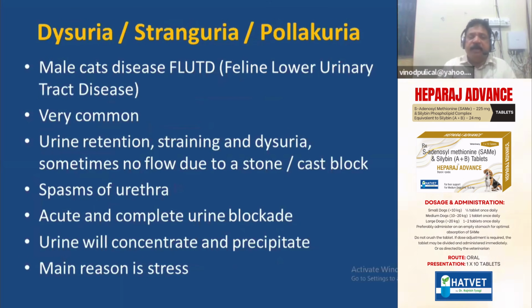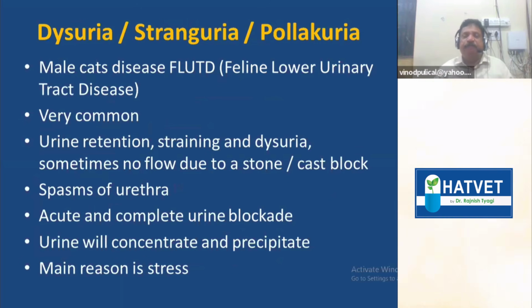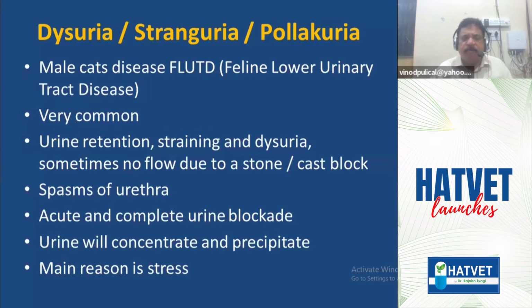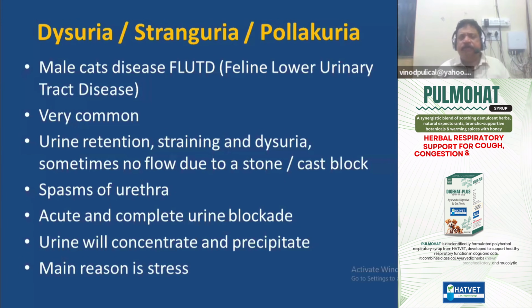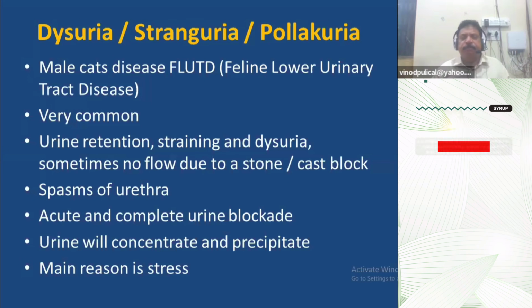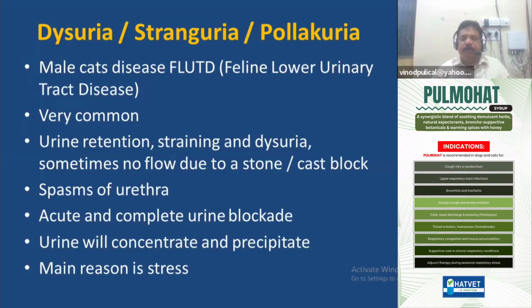Then another commonly presenting disease is FLUTD, feline lower urinary tract disease, especially very common in Persian cats. Why? Because Persian cats generally are fed dry food. Dry food contains only 5 to 10% moisture.